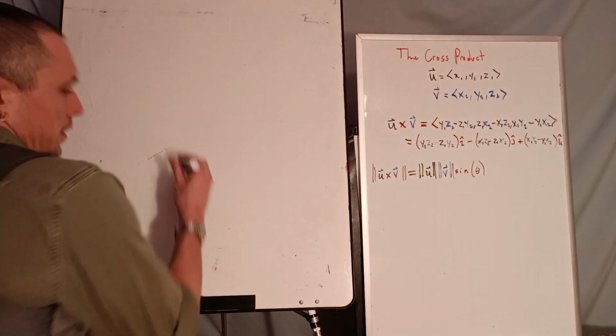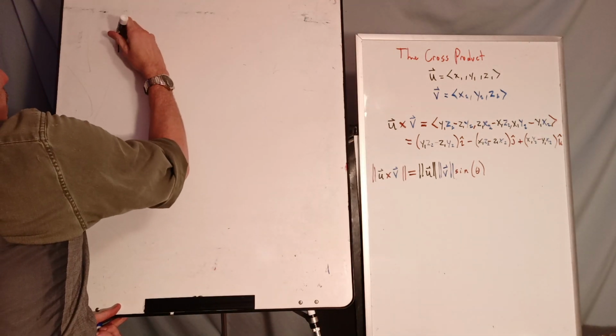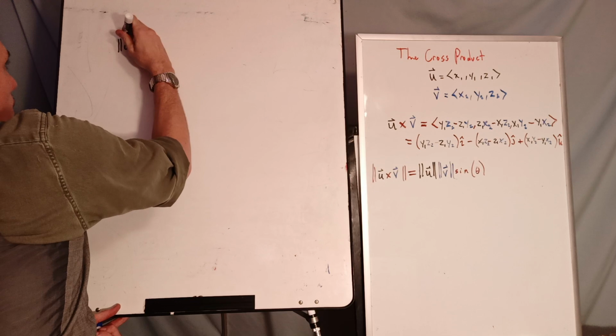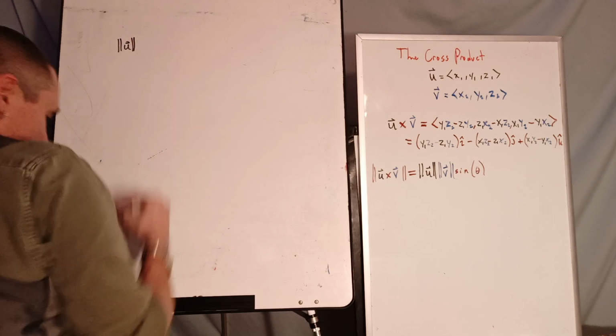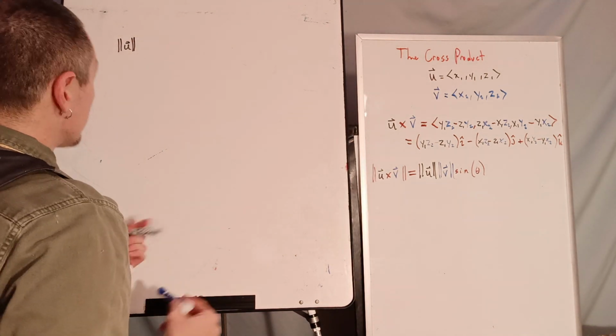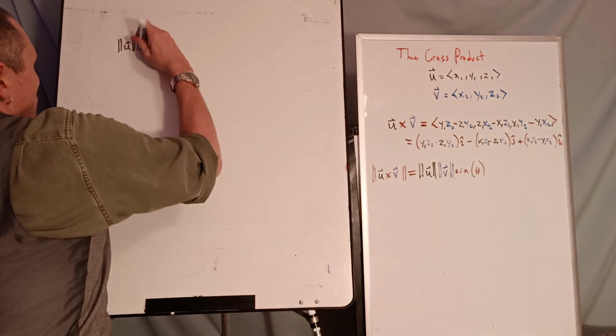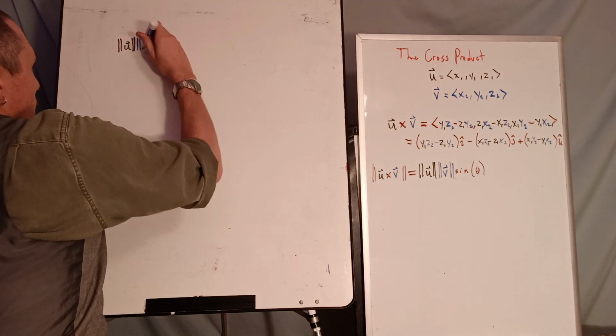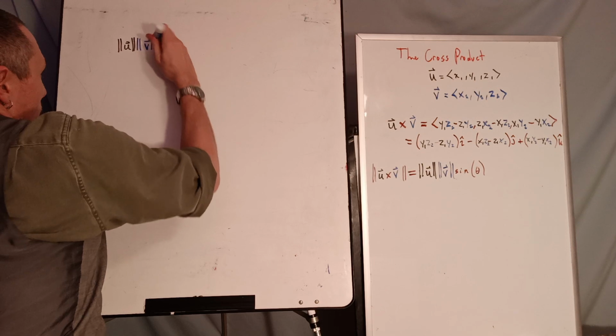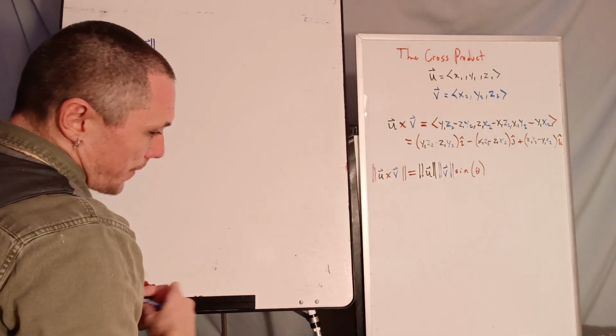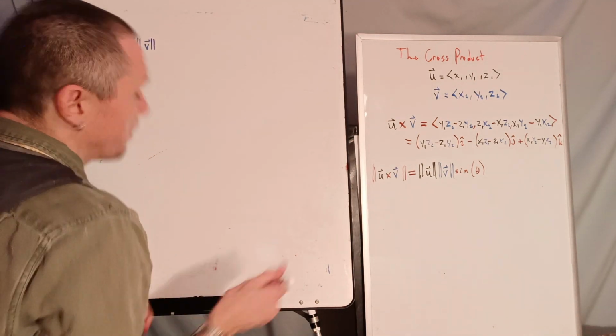So let's write magnitude of u times the magnitude of v times the sine of the angle between them.